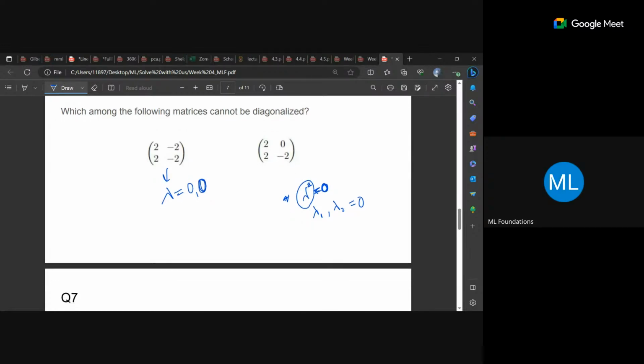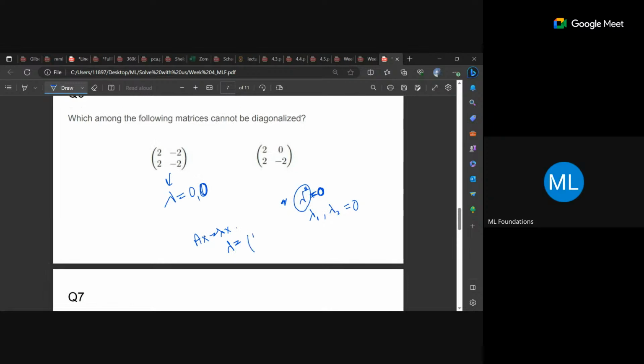Now for the eigenvector, what do you need? You need Ax to be lambda x, right? So this is basically the space. If you find this eigenvector, let's say it is some 1 1.